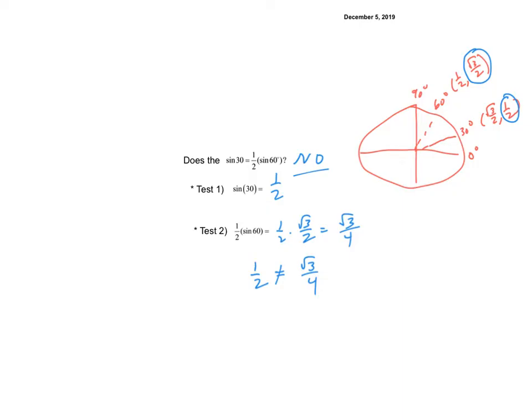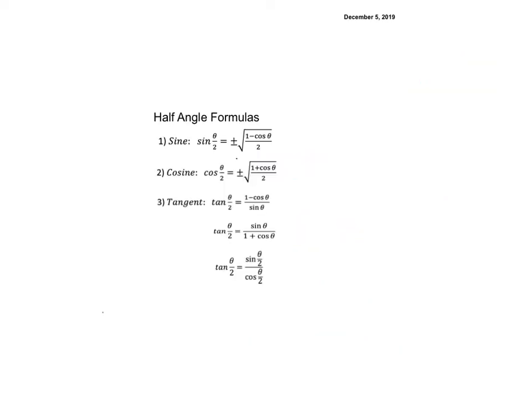You're going to see, as we go with these formulas up here, that the sine of 30 degrees is equal to the sine of 60 divided by 2. That is half angle. So we have some half angle formulas here. The sine of theta divided by 2 is equal to plus or minus the square root of 1 minus cosine theta, all over 2.